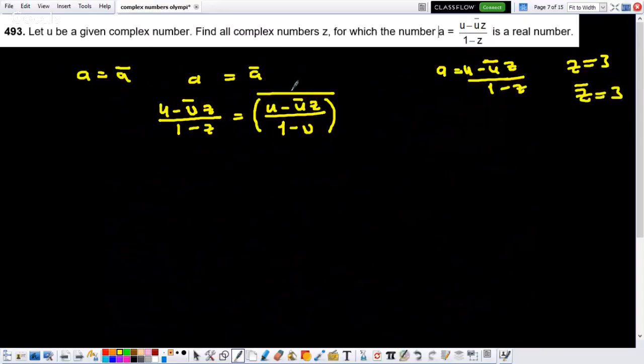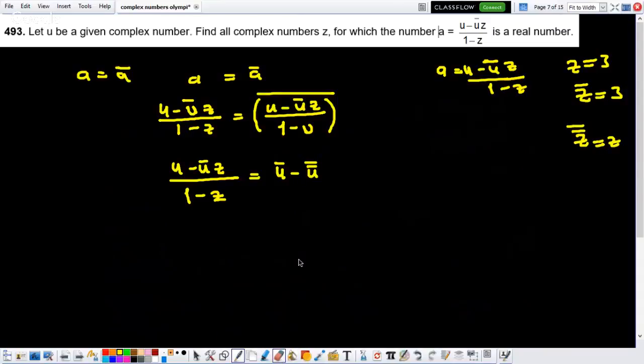Then this conjugate, we can distribute, and it's going to be like this: u minus u conjugate z over 1 minus z is equal to u conjugate minus u conjugate double conjugate, and if you remember, z conjugate, it's equal to z we said.